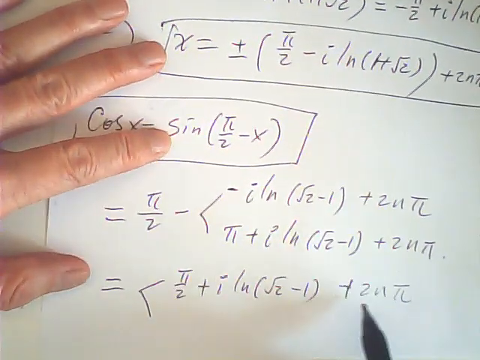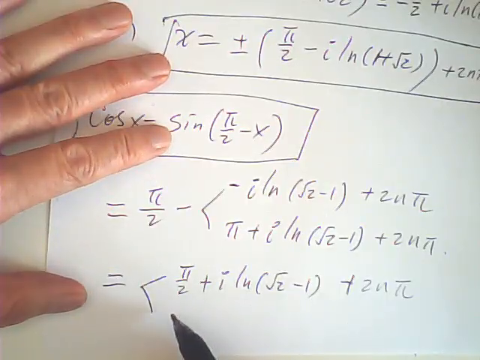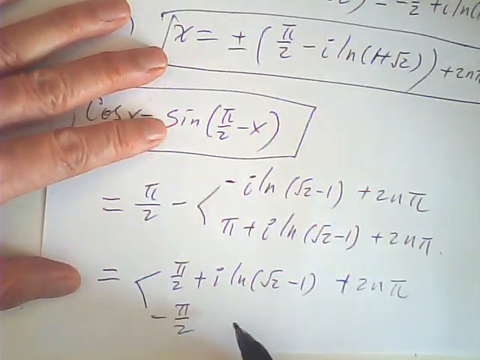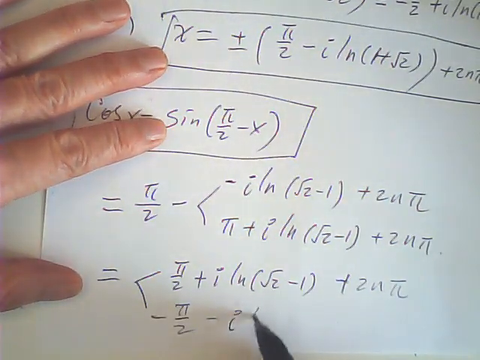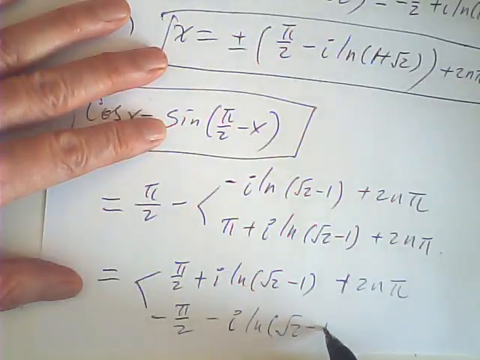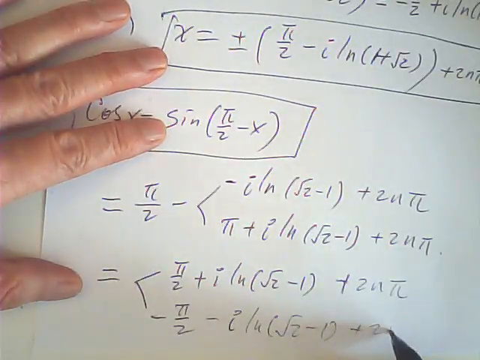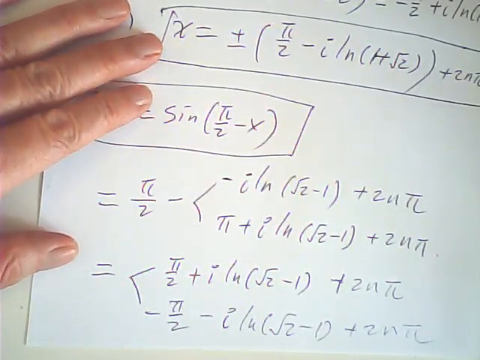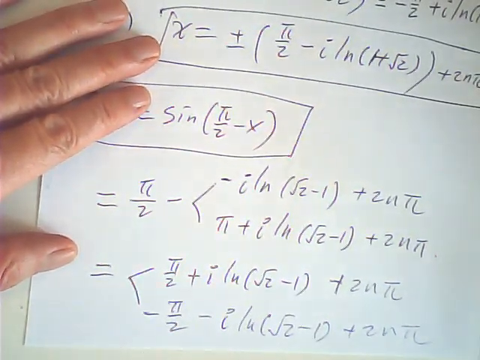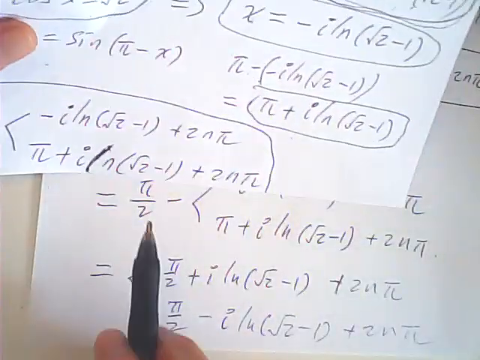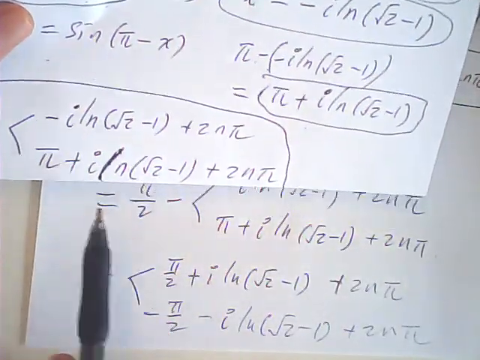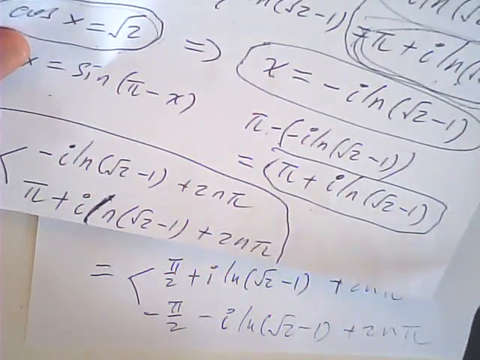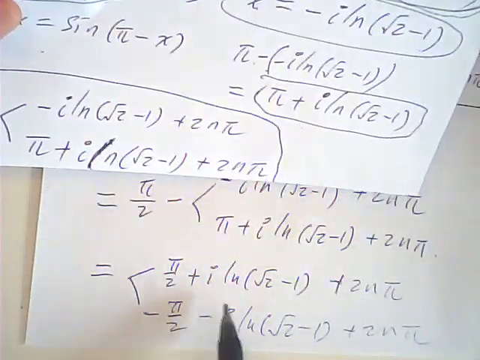It's okay, n could be negative. This minus that will be negative half π minus i log of root 2 plus minus 1 plus 2nπ. See, we get the two solutions. And this root 2 minus 1, yeah, that's correct.